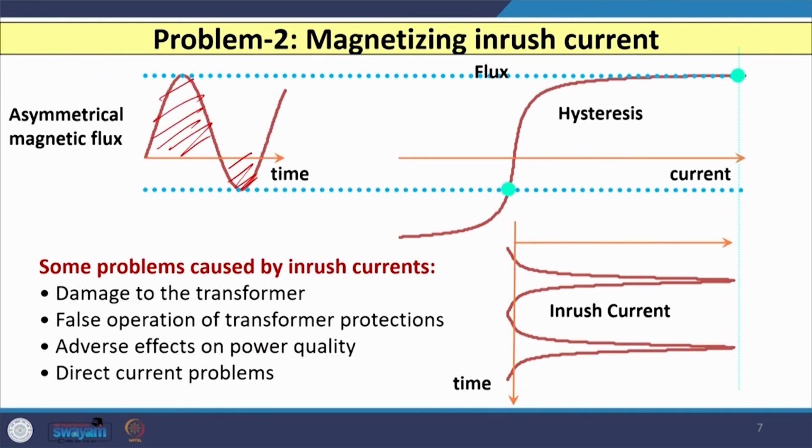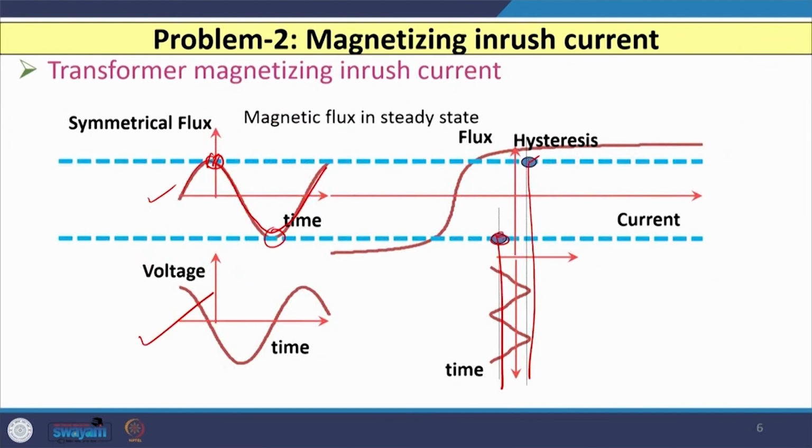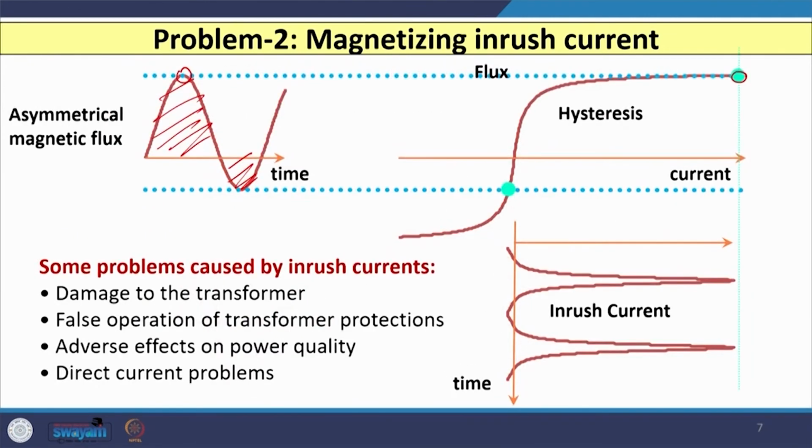In that case this point will be extended on the BH curve, because in the earlier case, in the hysteresis curve I have shown, the operating point remains in the linear region. However, when your flux becomes asymmetrical, this point is extended, whereas this point remains as it is. If you extend these two points, the magnitude of current increases suddenly.